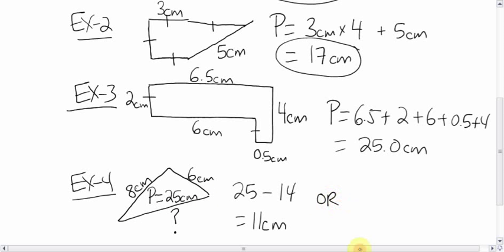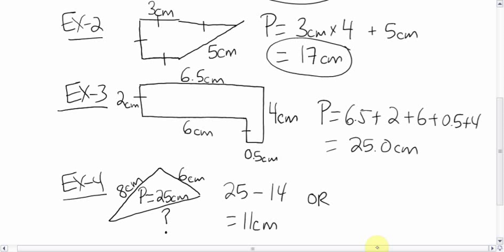If you wanted to use your algebra skills, remember perimeter is the distance around an object, so the 25 centimeters is equal to 8 plus 6 plus this unknown side, which is anything you want to call it.